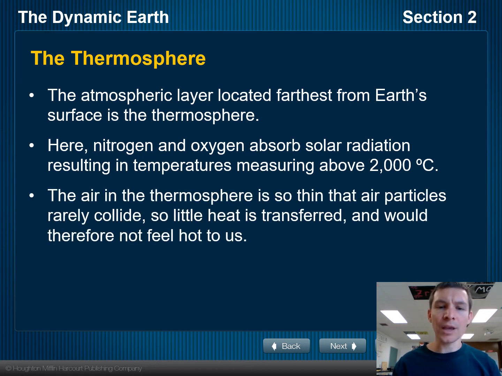The air in the atmosphere is so thin that air particles rarely collide, so the heat's not being transferred. You have to literally run into them with your spaceship or whatever to be heated up by them, and it would therefore not feel hot to us if we're not bumping against them and getting that transfer of heat.